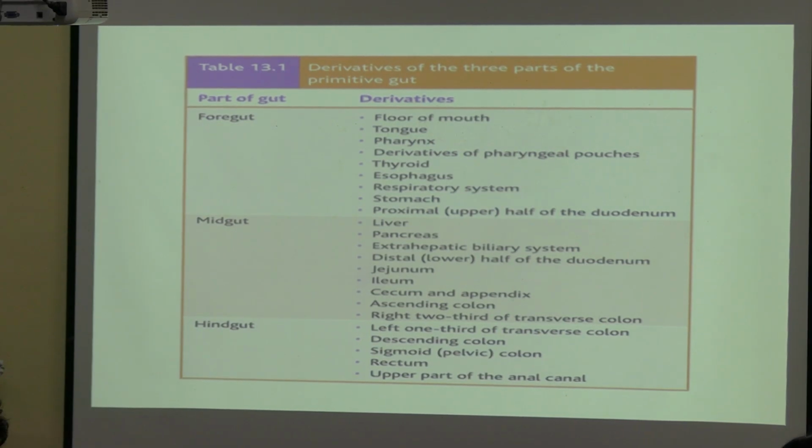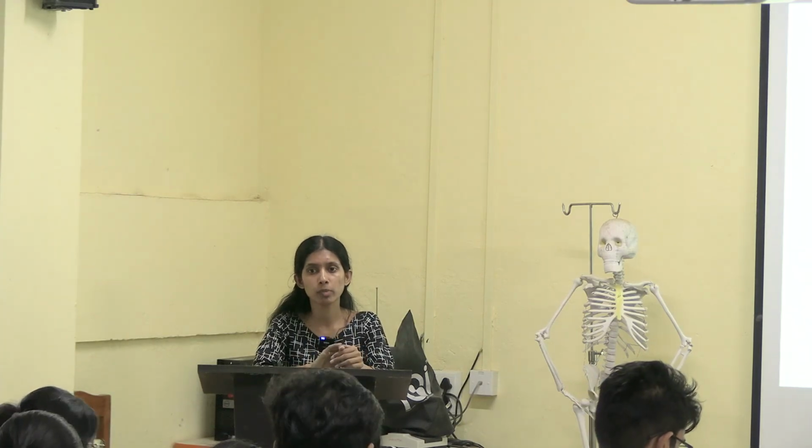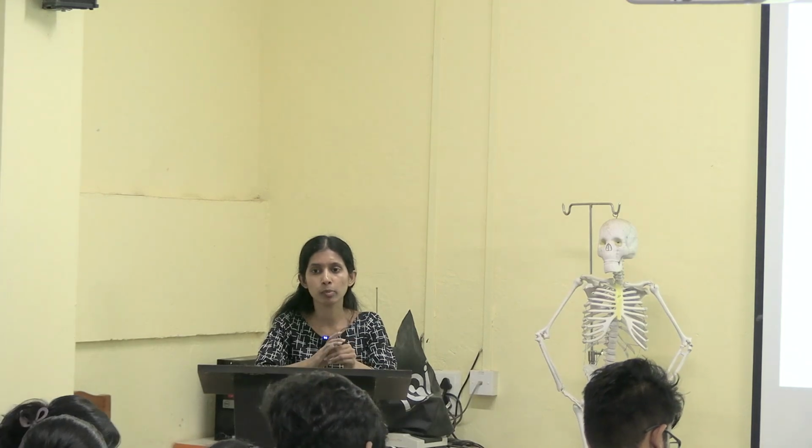Okay? From where we started? From the development of GIT, which takes place from the primitive gut. How does the formation of primitive gut take place? From the yolk sac. What is the process?